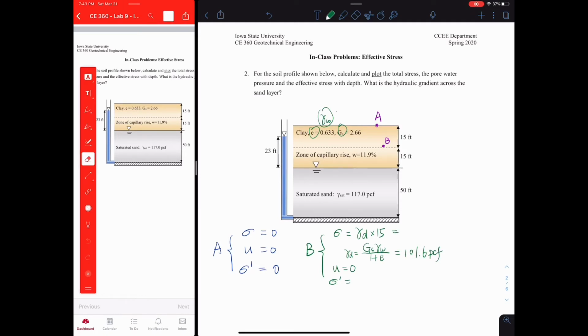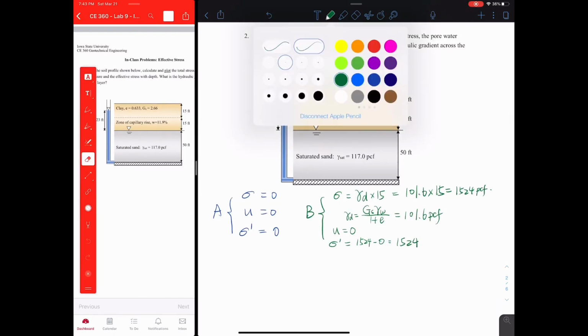We can calculate the total stress first. We use 101.6 multiplied by 15, and the answer is 1524. The effective stress should be 1524 minus 0, which is 1524.